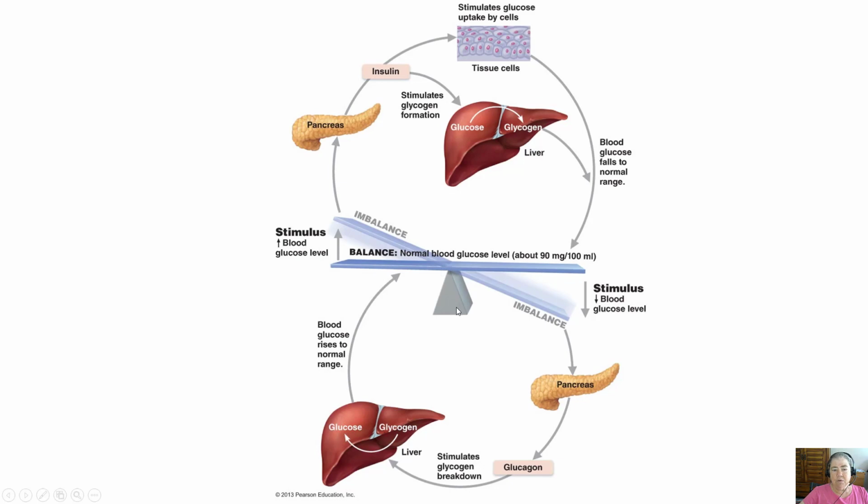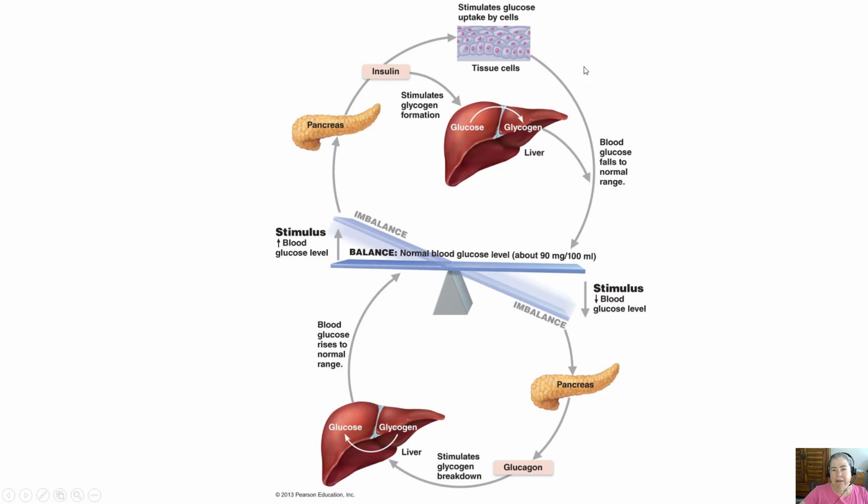So here we're showing a balance with the pancreas on both sides. When blood glucose levels go up, there is an imbalance towards the production of insulin, which stimulates glucose uptake by cells, which stimulates glycogen formation.